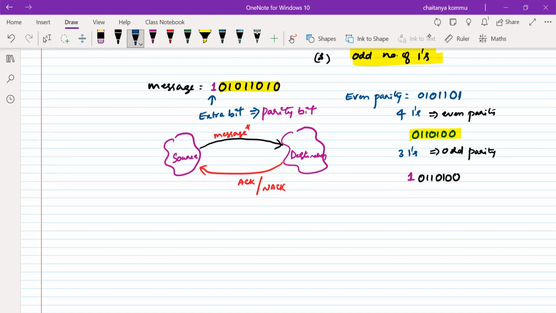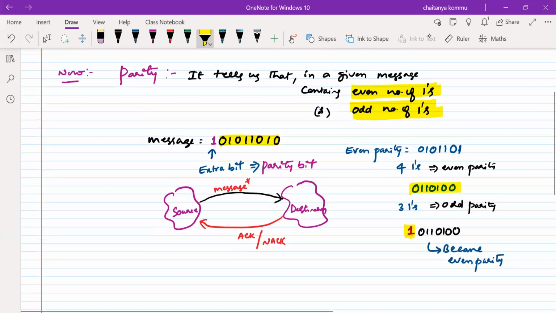The number of ones became even now; you can see that 4 ones it becomes. So by adding this extra bit, we can make the message an even parity message or an odd parity message. Right? Fine.